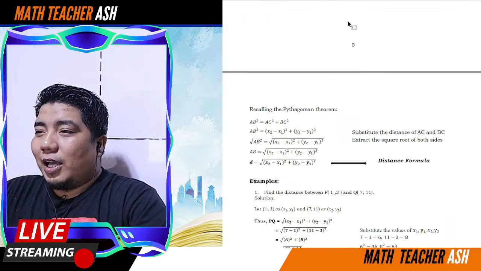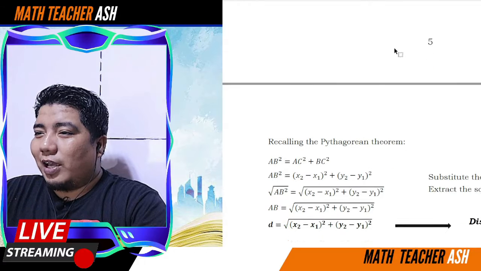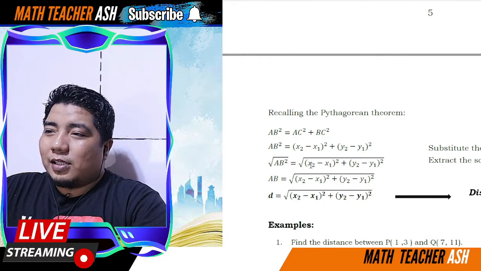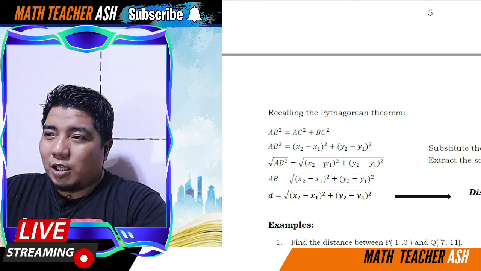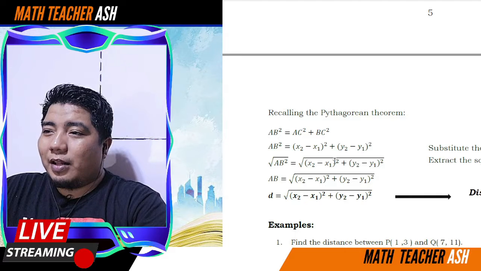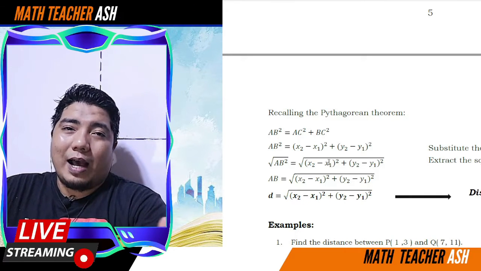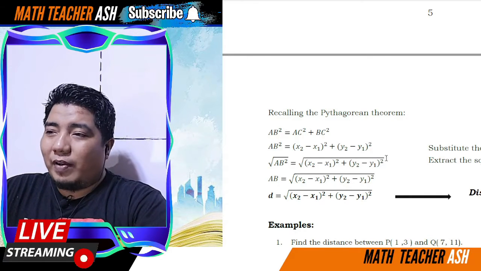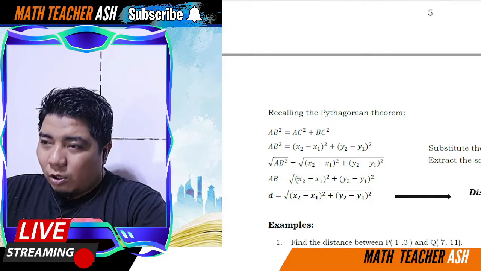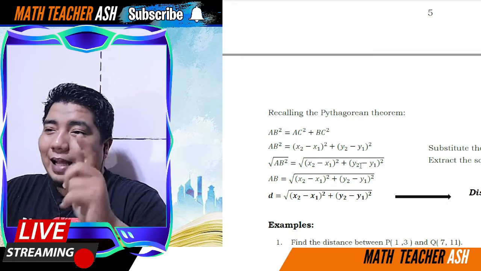Okay, so ito na nga yun, my dear math learners. Isasubtract mo ngayon si dalawang x with each other, and then isasubtract mo din si dalawang y with each other, and then pagkatapos niyan ay kukunin ang squared ng both difference, tapos i-add mo sila. After mong ma-add is kukunin mo ang square root, and that is the distance.